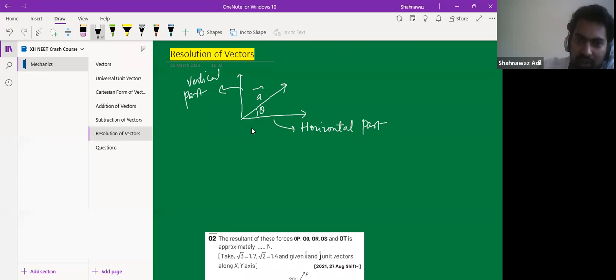So this is A cos theta, and you know that this is in the x direction, and this is in the y direction. So what will be the unit vector here?